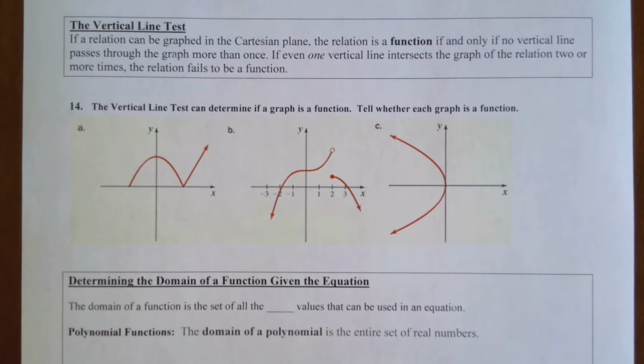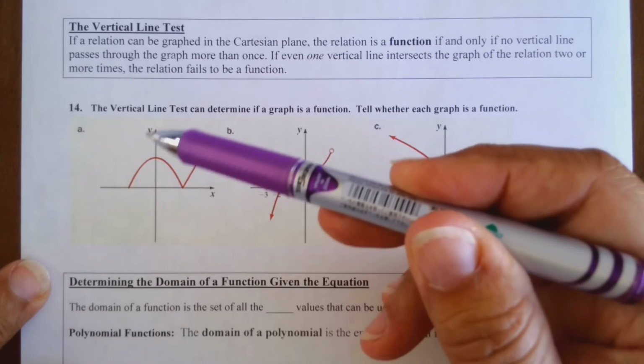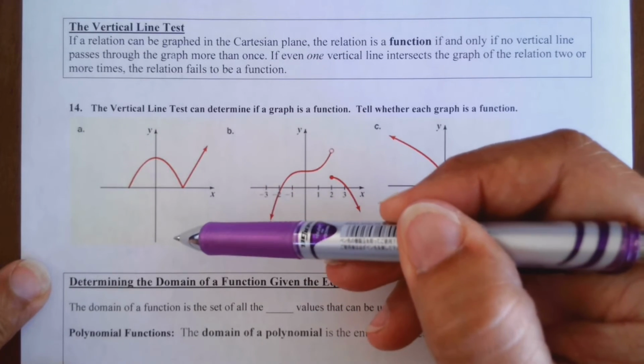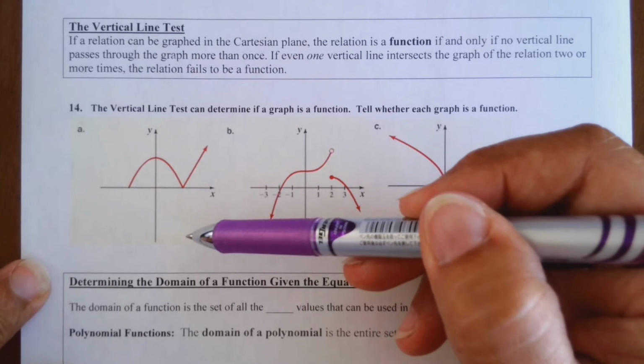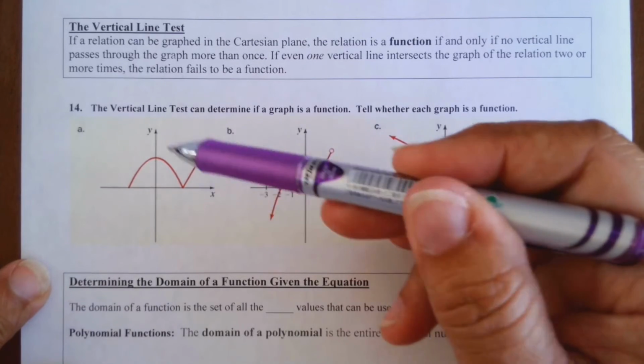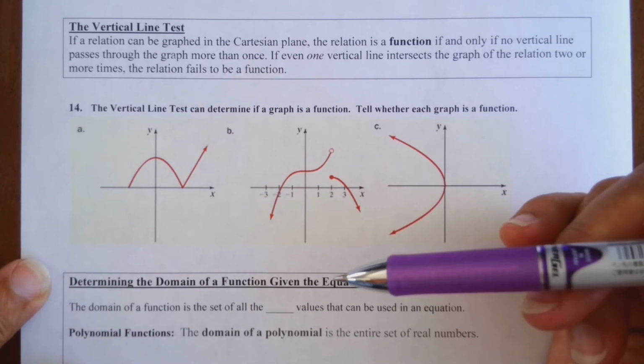Hopefully you remember that from your algebra classes. So basically what the vertical line test says is that if you pick a vertical line, which is straight up and down, and you pick anywhere on the graph to draw it, it can only cross that graph in one place. Okay? If that's true, then this graph is a function. If it's not true, then it's not a function.